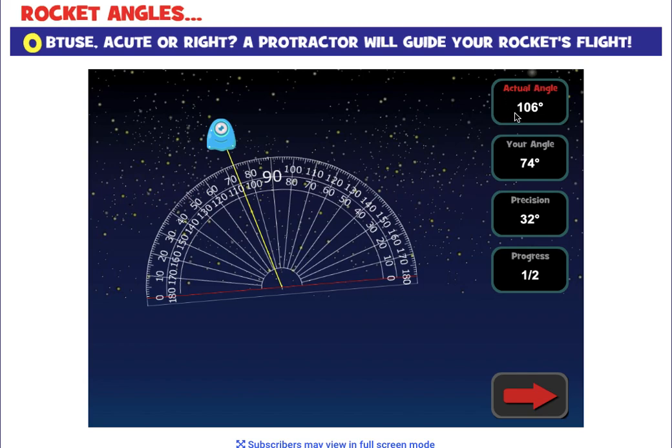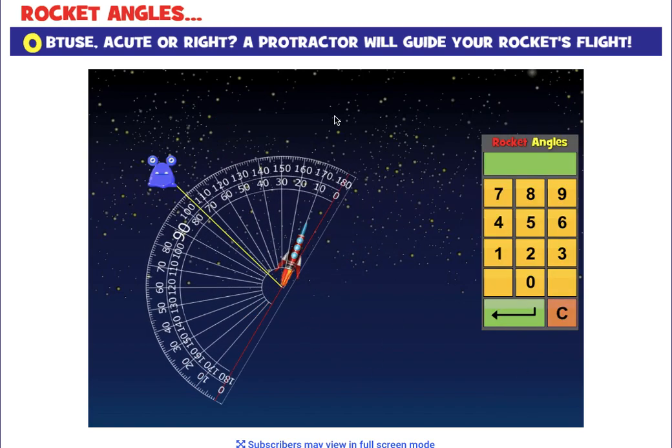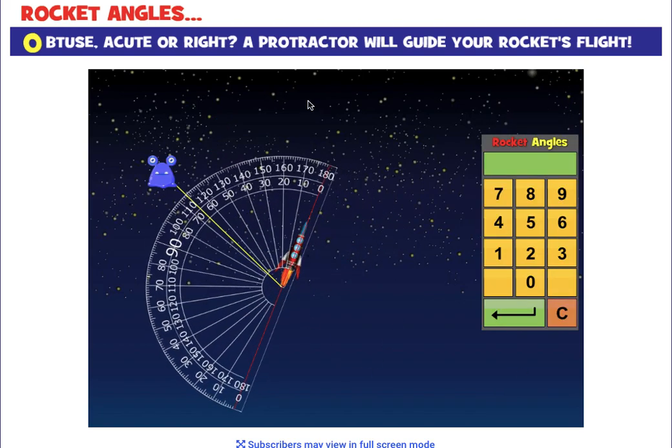And you can see here that the actual angle was 106 degrees. The angle I typed in was 74 degrees, and I was 32 degrees off. So you can keep playing this game, lining up the protractor, excuse me, and measuring the angle to practice reading a protractor with precision.